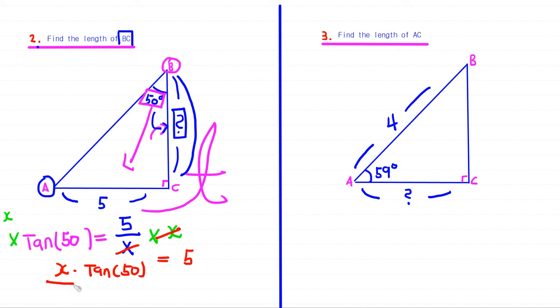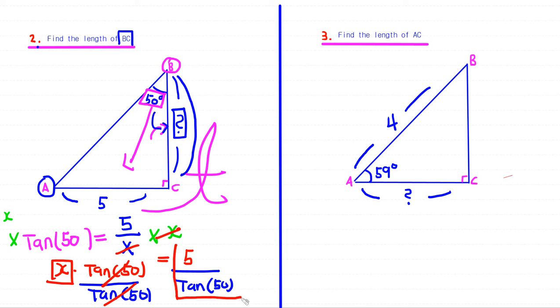But we're solving for x, not x times tangent of 50. So we can divide both sides by tangent of 50. On the left side, only the x value is going to be left, and tangent of 50 is going to cancel out. So x is equal to 5 over tangent of 50.